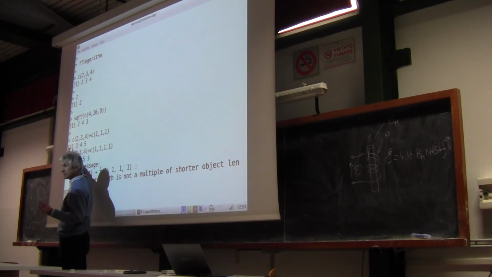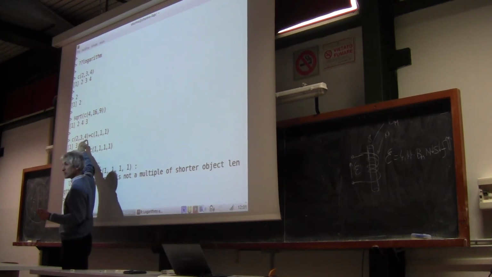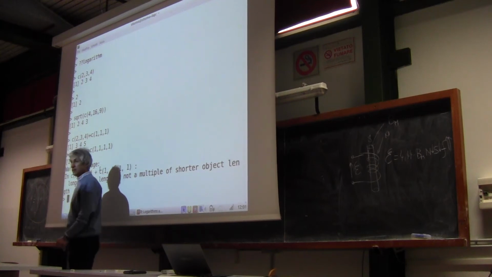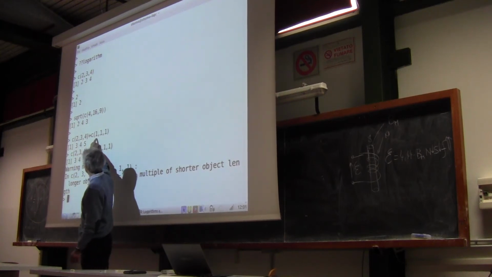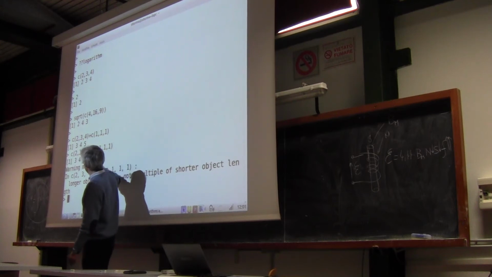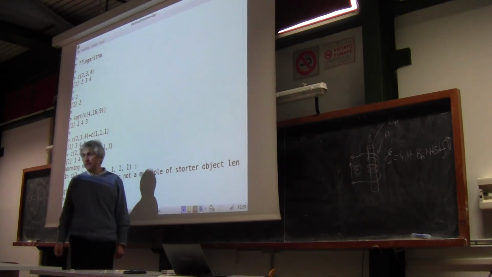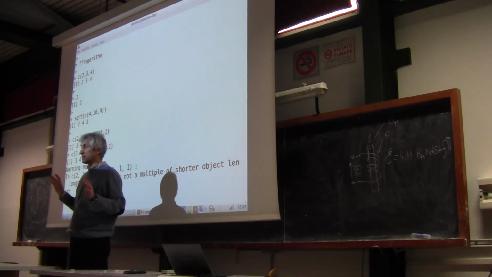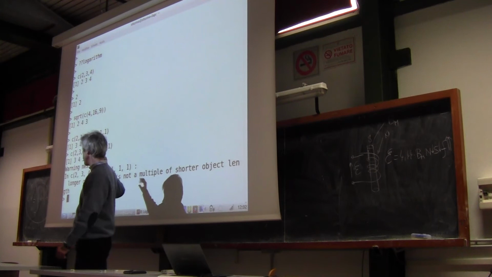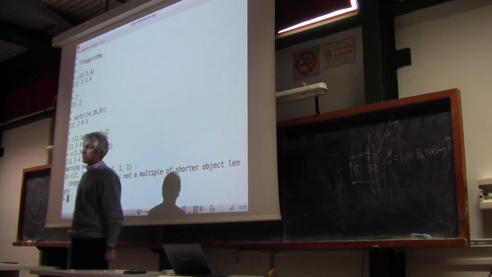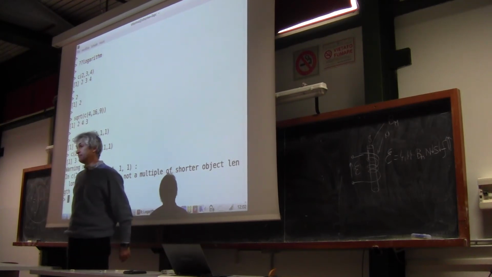So it transformed the vector 2, 3, 4 into 2, 3, 4, 2, and then it summed 1, 1, 1, 1, getting 3, 4, 5, 3. So you have to learn how it works. In general, when you get warnings, be very careful, because it means that something is maybe missed from your side.